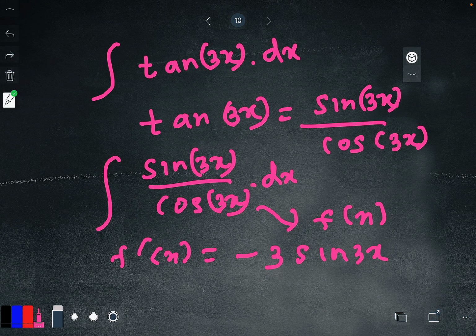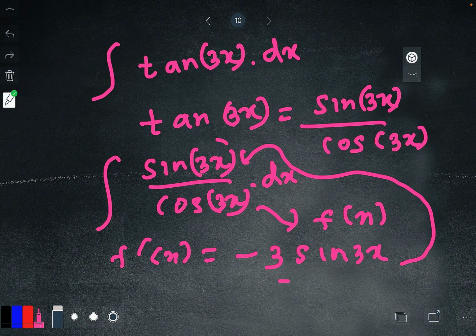But the problem is, we're going to compare the f prime x with the numerator. In the numerator, we have sin 3x, but not negative 3 sin 3x. So how can I manipulate this into negative 3 sin 3x?